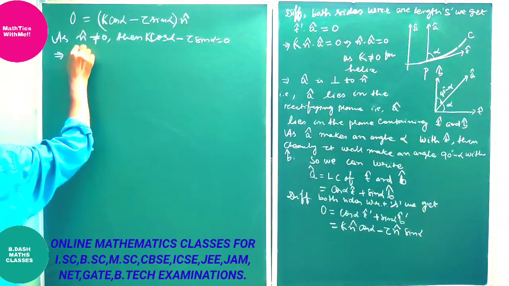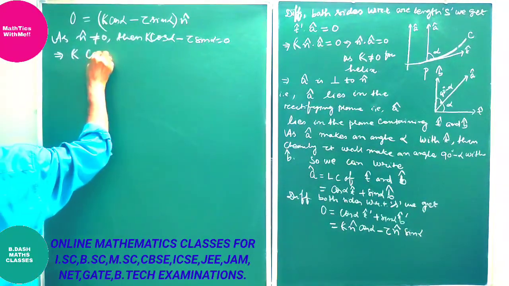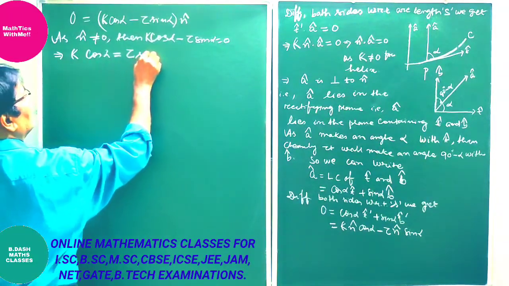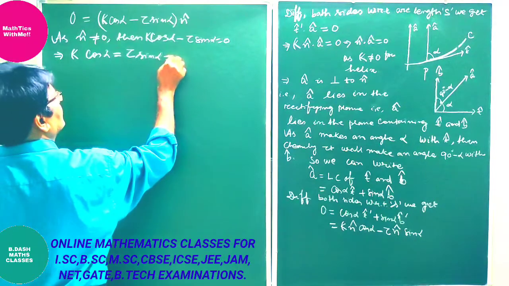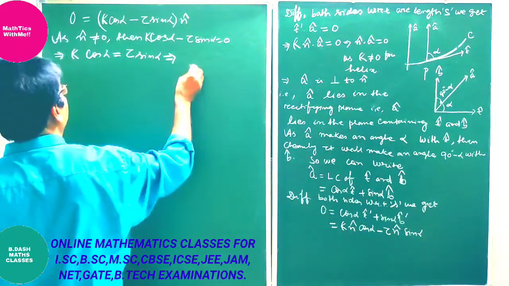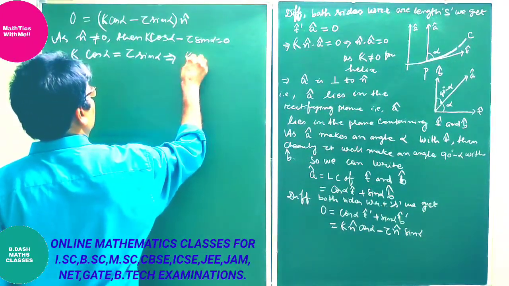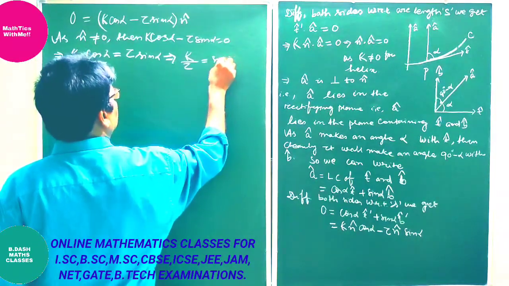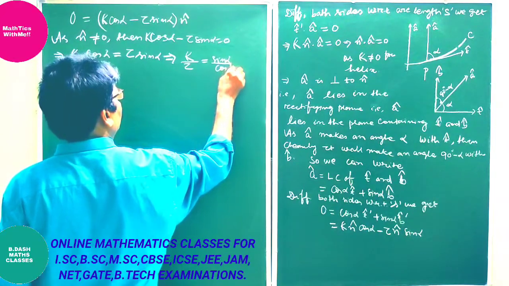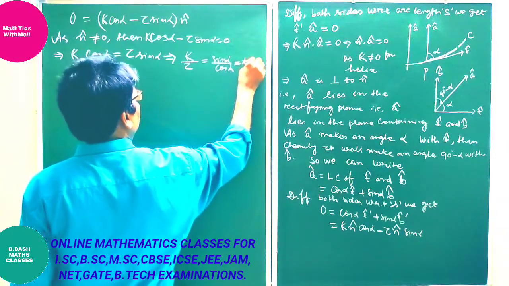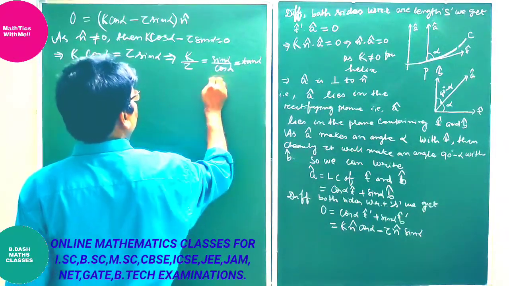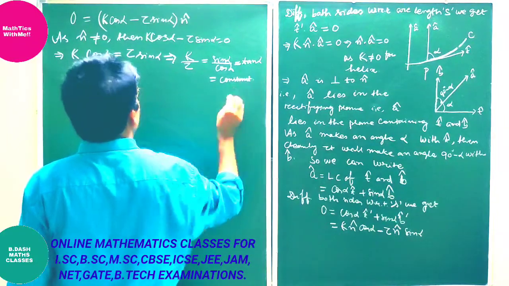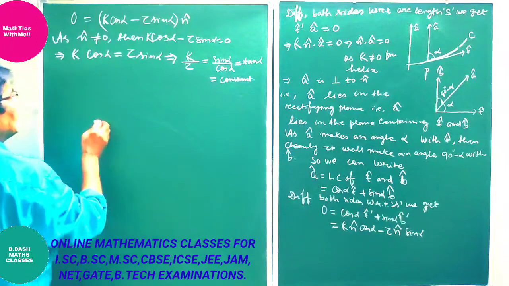This implies kappa cos alpha is equal to tau sin alpha. So this implies kappa by tau is equal to sin alpha by cos alpha, which is equal to tan alpha, which is constant. So this proves the necessary part of the theorem.